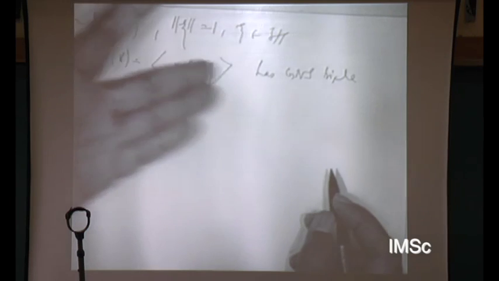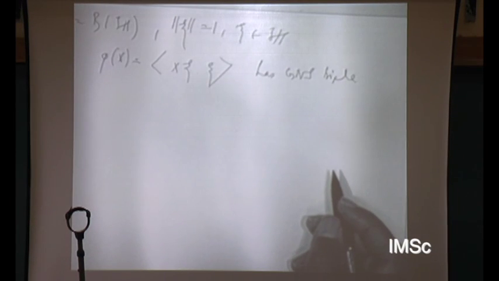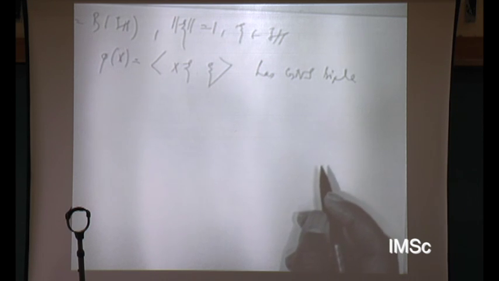So what is a natural Hilbert space, a representation of this thing, and a vector in that Hilbert space?